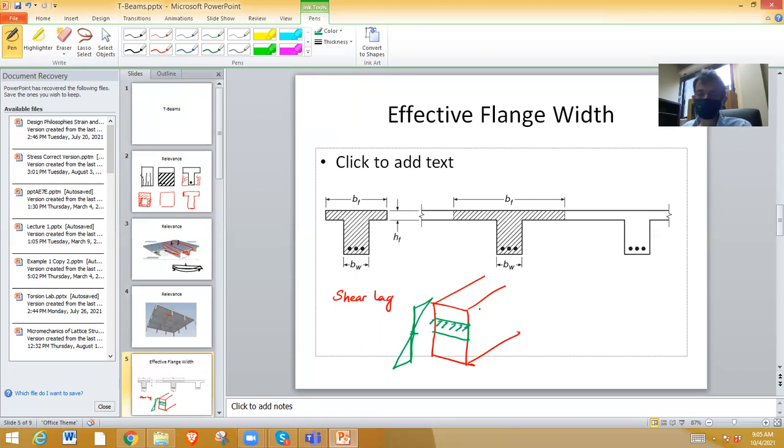That is true. But in the case where you have a T-beam with a very long flange, let's say like that, if the flange is very, very long as compared to the web, we can exaggerate it even more. Something like that.